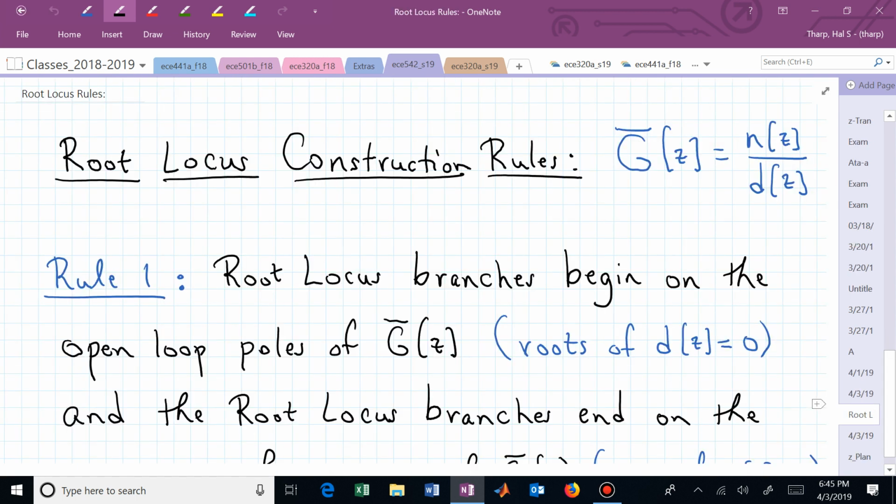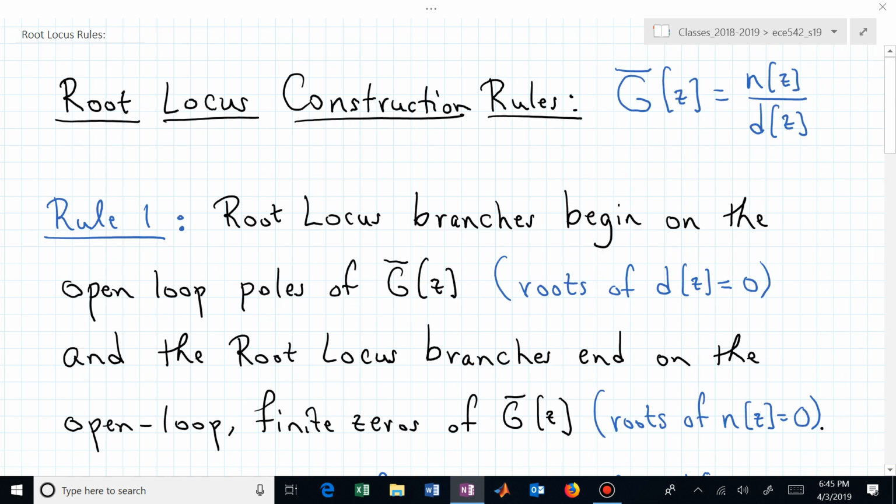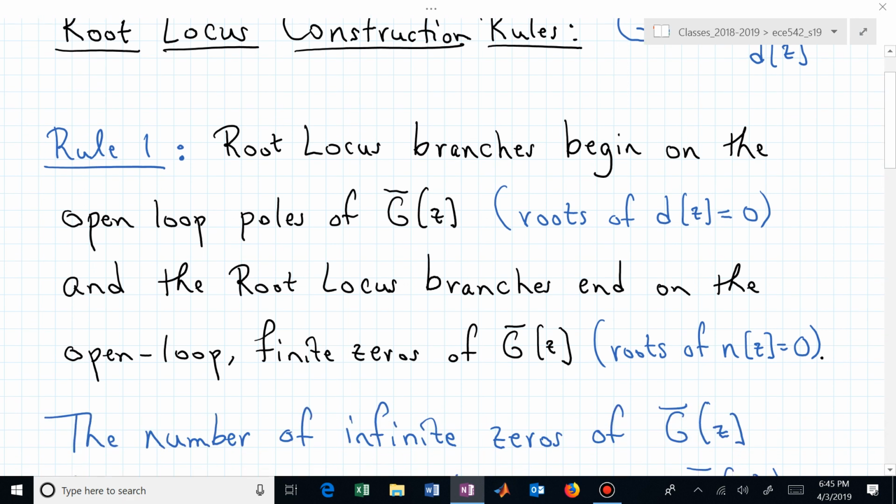I actually was hoping to get through these 3 rules. I've already written them down, so I just have to read them. Here's rule number 1. We've already talked about this. The root locus branches begin on the open loop poles. Those are the roots of d of z in the generalized notation, and this will be a part of the notes, so you don't have to write it down, just absorb it.